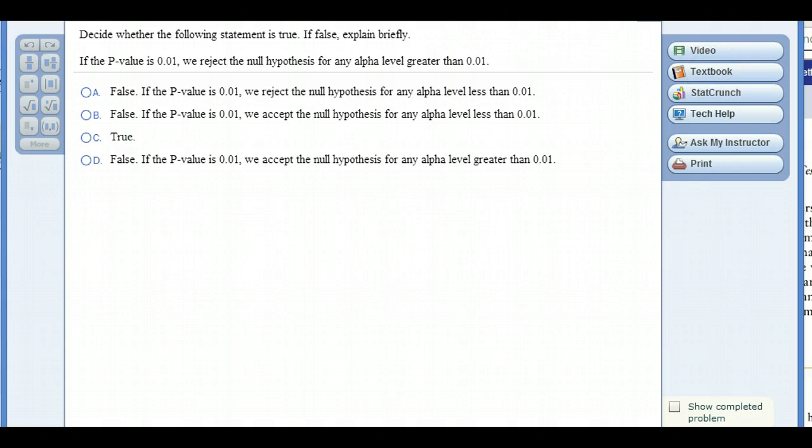Now, these questions are all talking about p-value, and one of the things that you need to note in this case, it's saying if the p-value is 0.01, we reject the null hypothesis for any alpha greater than 0.01. You're being asked if that is true, and if it's not, you're being asked to say why.